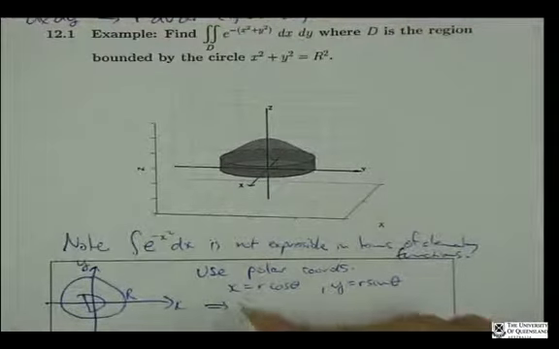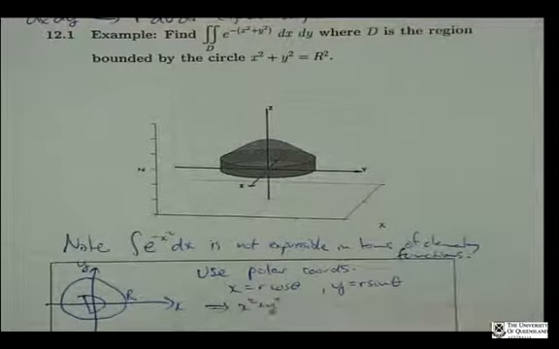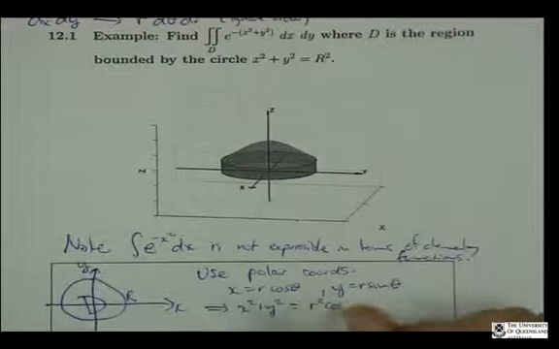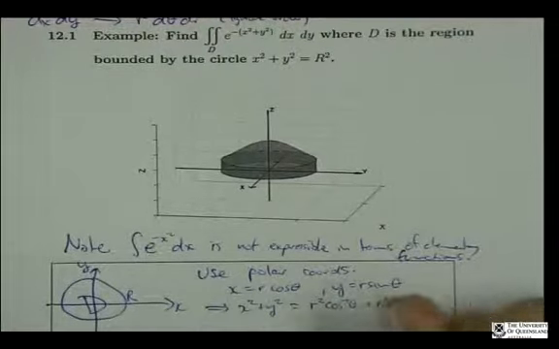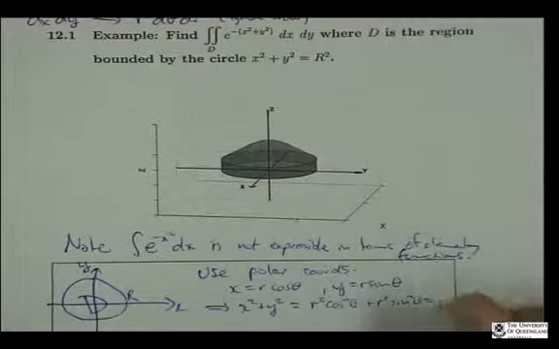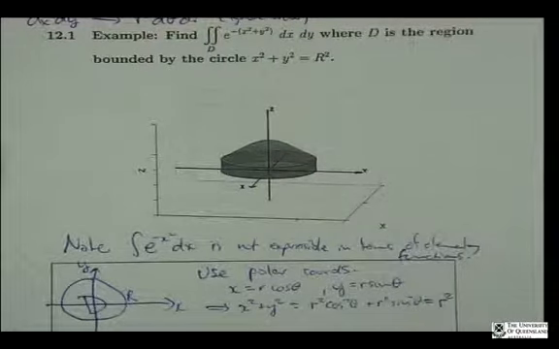So what does x squared plus y squared look like in terms of polar variables? That's r squared cos squared theta plus r squared sine squared theta. You can see I've got a common factor of r squared, multiplying cos squared theta plus sine squared theta, which using an identity equals 1. So this just simplifies to r squared.